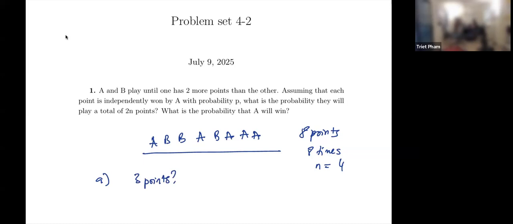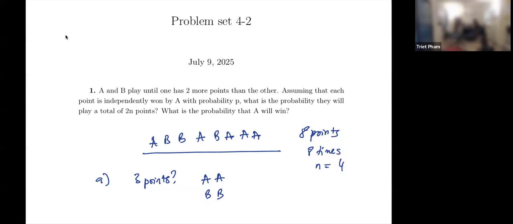Is that possible? Well, the answer is no, because if you look at the first 2 games, either it's like this, in which case either A or B has already won, and so the game only lasts for 2 points.